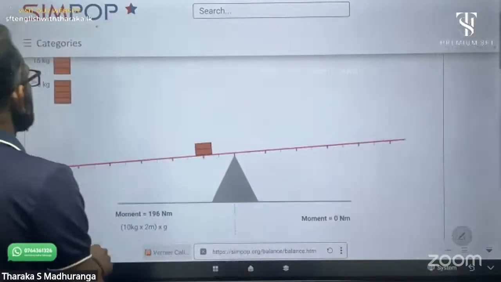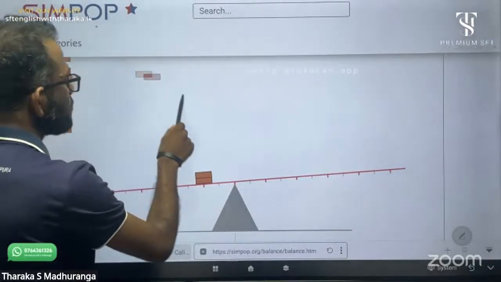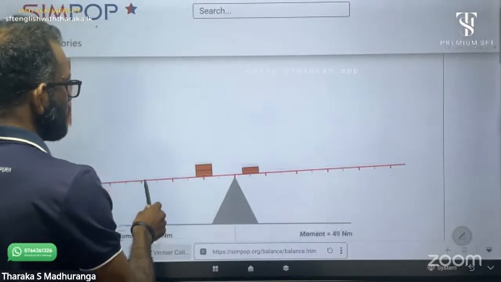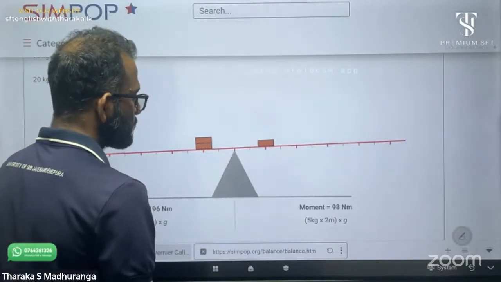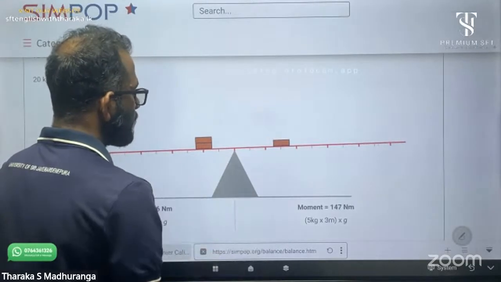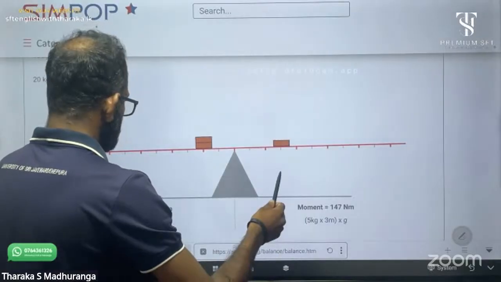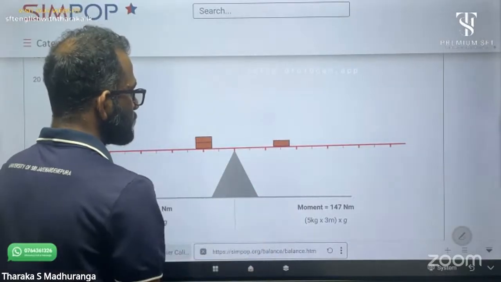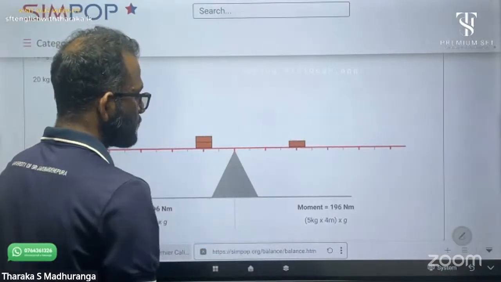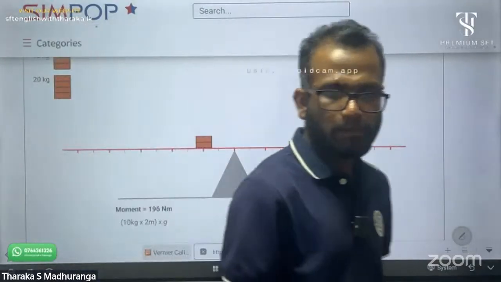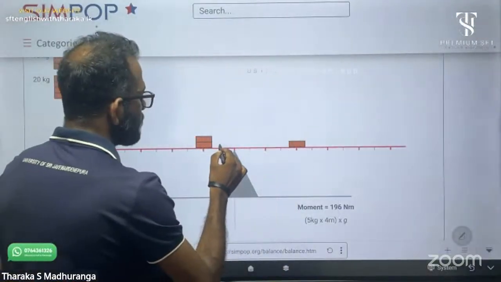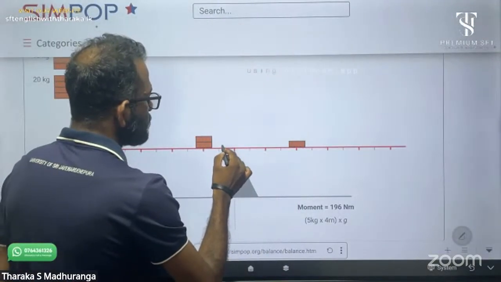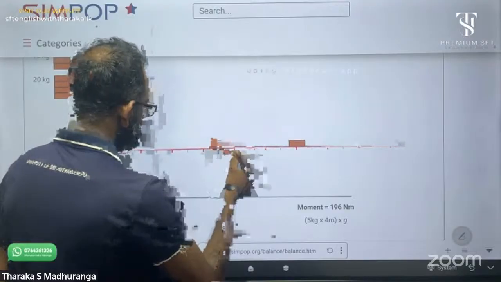Okay, I'm going to select the 5 kilogram mass on the right side. Keep moving it until balance. Still not balance. Still not balance. Now balance. Now take this distance as x, and this distance as y.